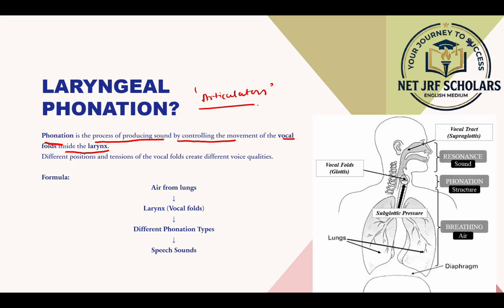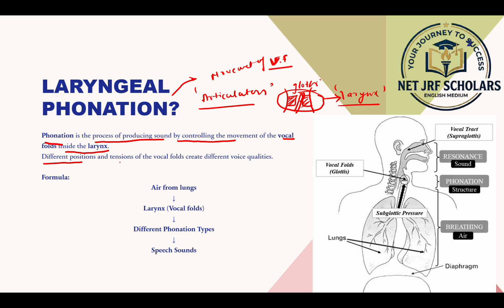In that lecture we talked about the voice box, where we have vocal folds, and the area between the two vocal folds is called the glottis. Here in laryngeal phonation, we are talking about the movements of vocal folds.